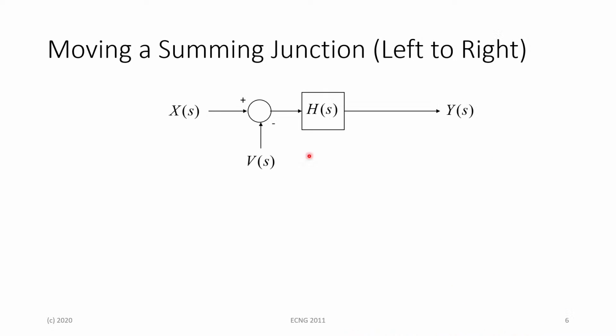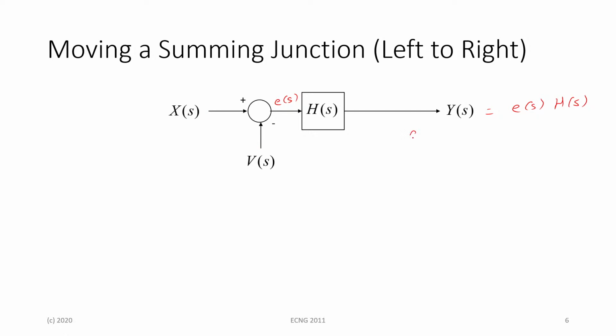Now let's watch what happens when we move the summation junction from the left of the h of s block to the right of the h of s block accordingly. And we're also going to watch the math for this. So let's introduce our temporary signal here as well, named e of s. And we can see here that y of s is basically e of s, h of s. And we need to figure out what e of s here is in terms of x and v.